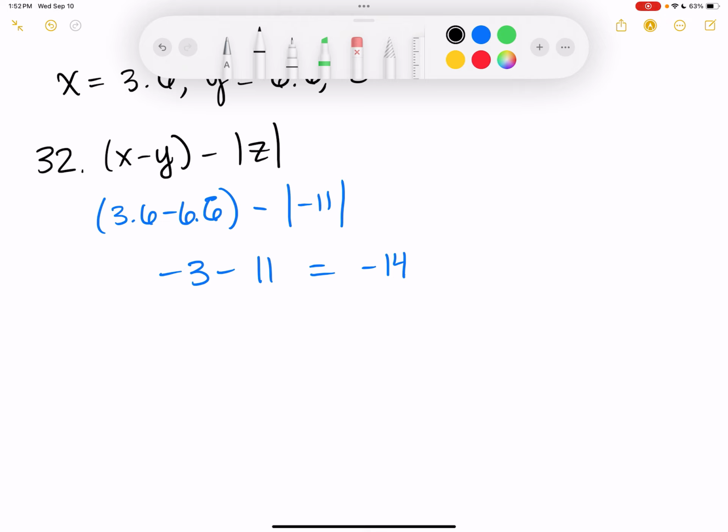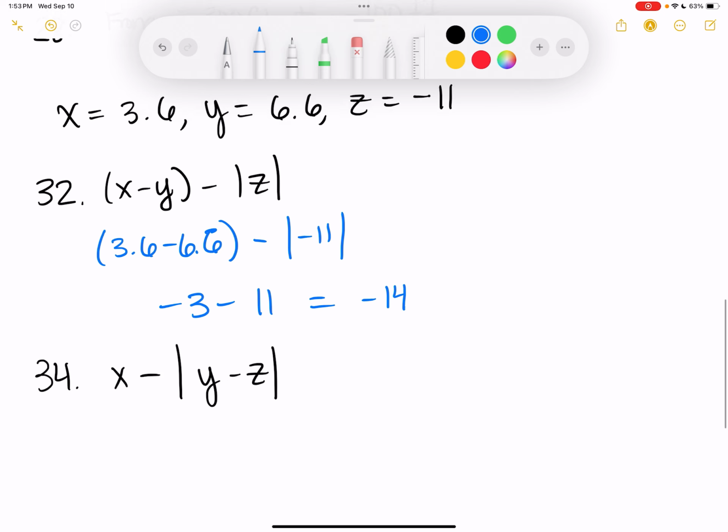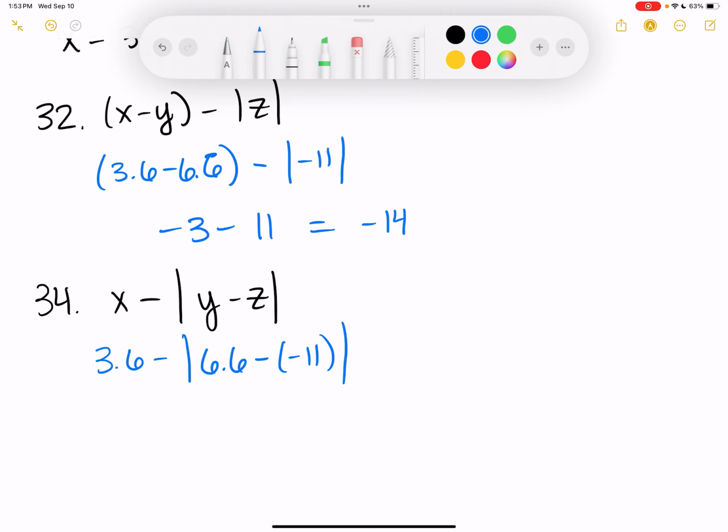Number 34. x minus the absolute value of y minus z. Plug in the numbers. 3.6 minus the absolute value of 6.6 minus a negative 11. So what's happening inside of here? 6.6 minus a negative 11 is what?